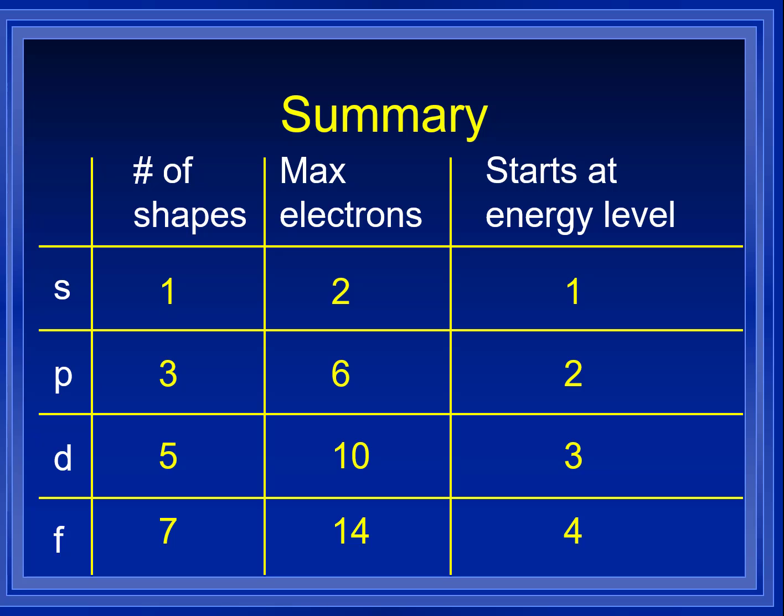The next orbitals go in alphabetical order. Next comes g. For g, how many shapes would there be? So it could hold a maximum of, and you wouldn't see it till energy level number 5. See the patterns there? Hey, I've seen some of that before someplace. Oh.